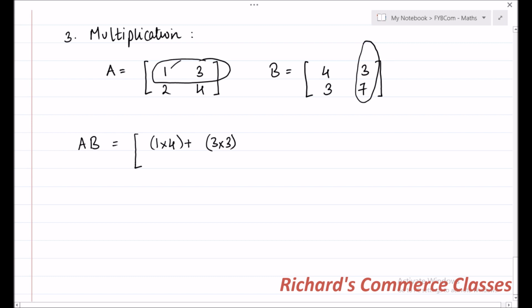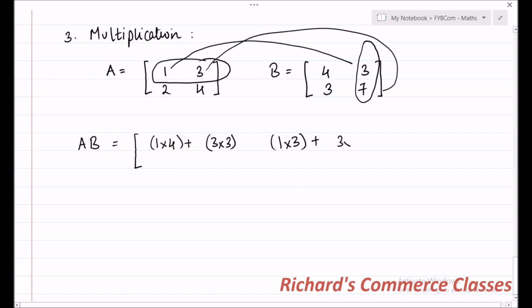So 1 into 3 plus this 3 into 7. Now you have got your first row.